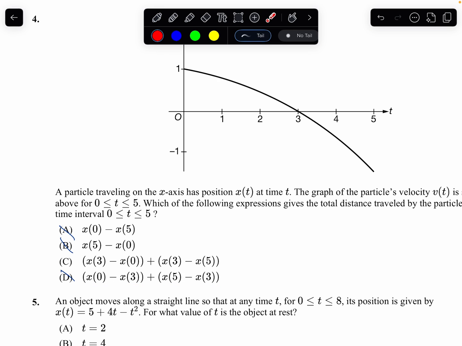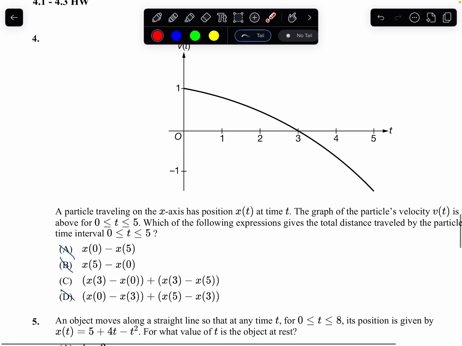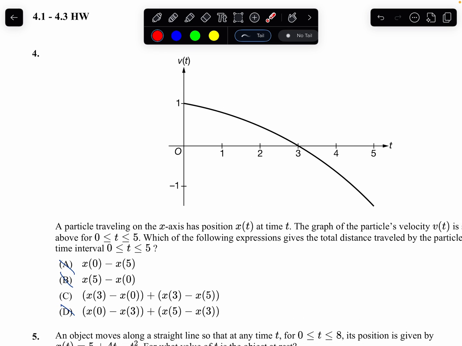So, another thing to note about the velocity right here is that velocity is positive here, yes. You can also see that velocity is decreasing, which means we're slowing down. But in any case, actually I don't think that matters here. No, that shouldn't matter. But because velocity is positive here, we're moving forward, which means if I take the position at 3 and subtract the position at 0, it will be a positive number.